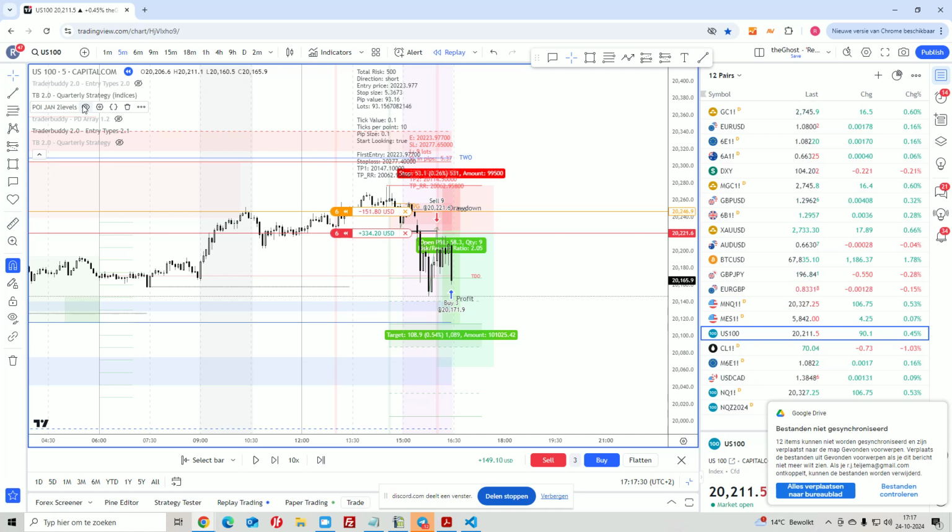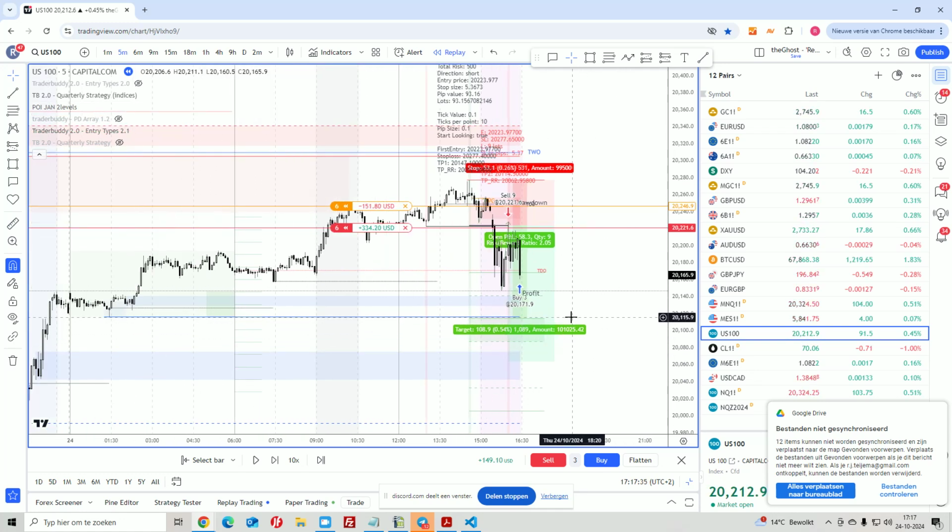And if you want to show the higher levels, you see that this level is in accordance with this old low on the M15, because these are the M15 levels.